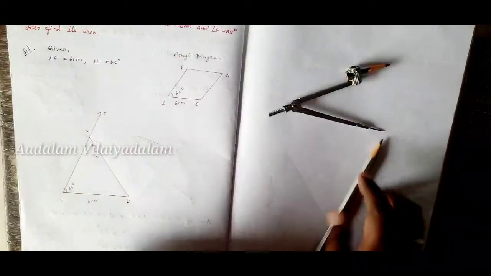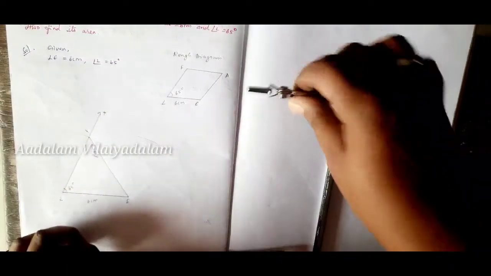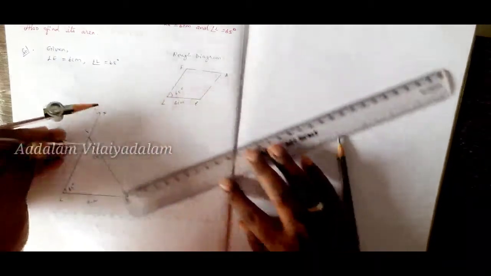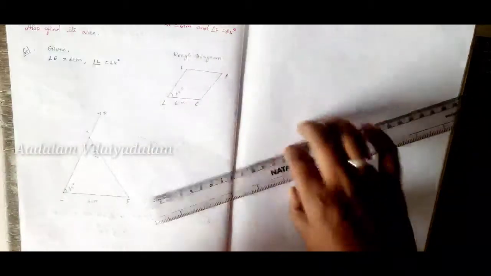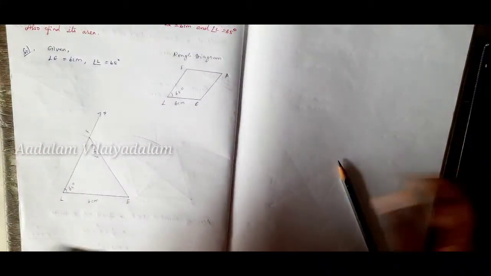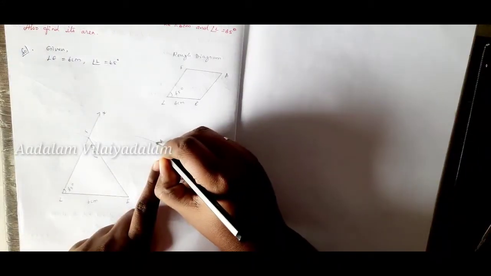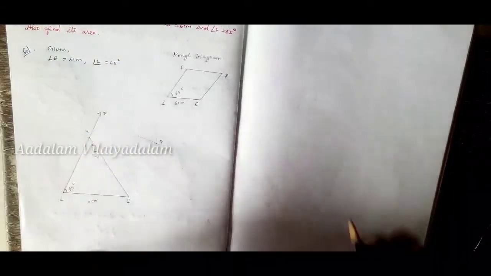And again, at the point F, take 6 centimeter in a compass and draw one more arc to the previous arc. Now the intersection of these two arcs will be called A. Now join EA and AF.